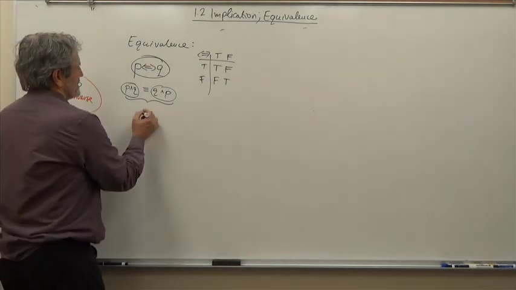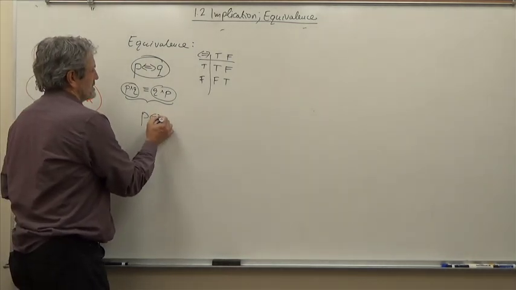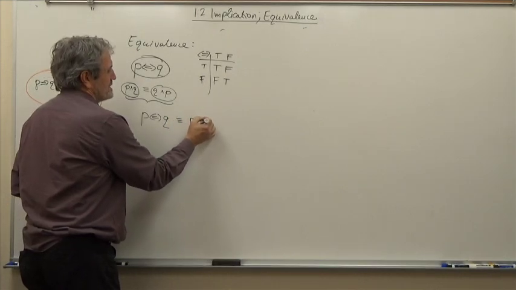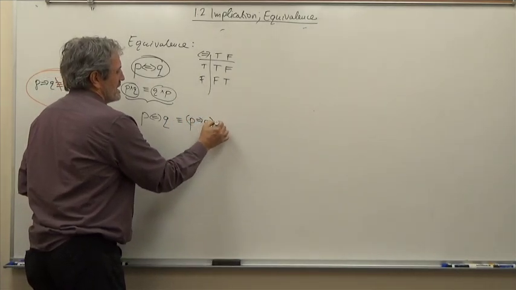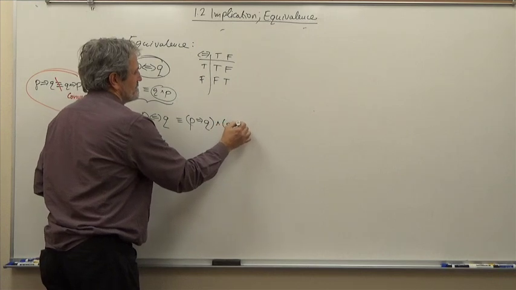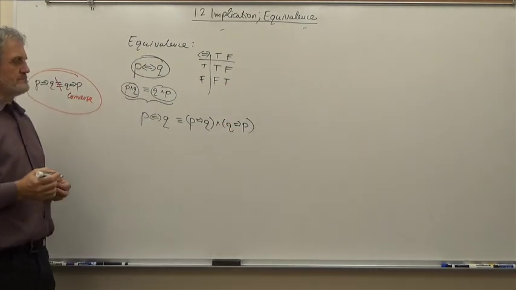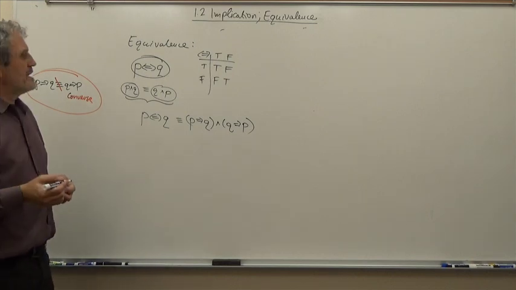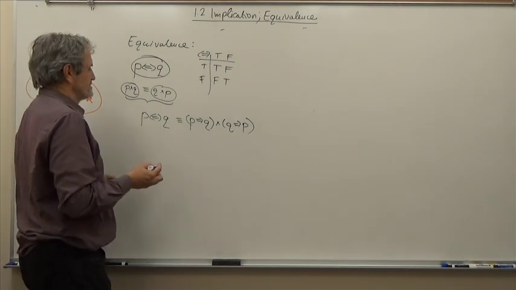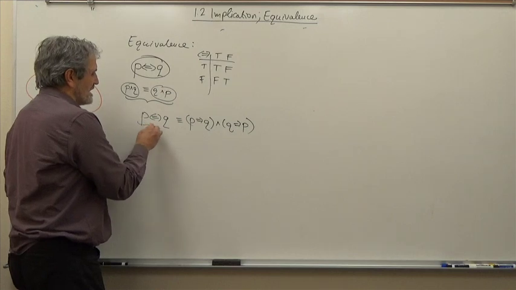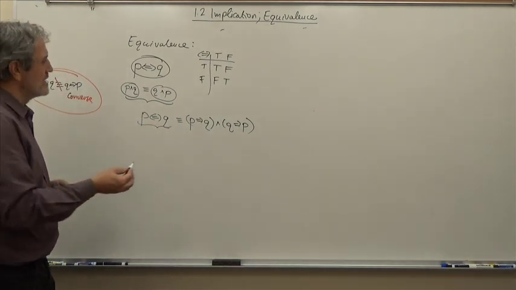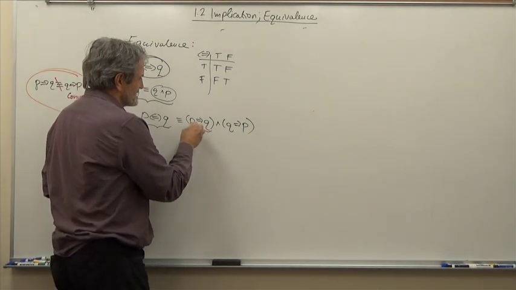By the way, it's very easy to prove that P equivalent to Q is basically equivalent to P implies Q and Q implies P. That's easy to justify if you make a table, and that's why when we have that P is equivalent to Q, we read it like this.